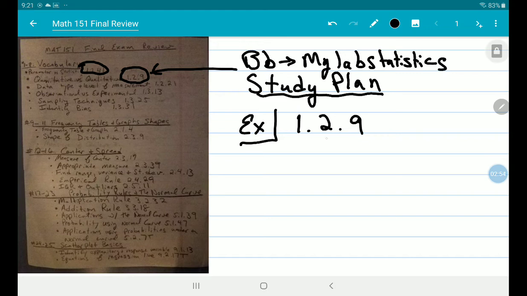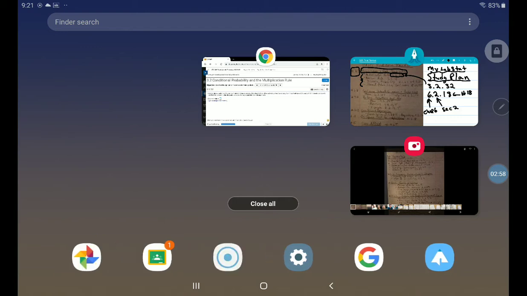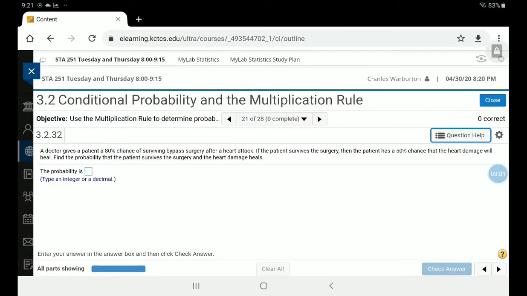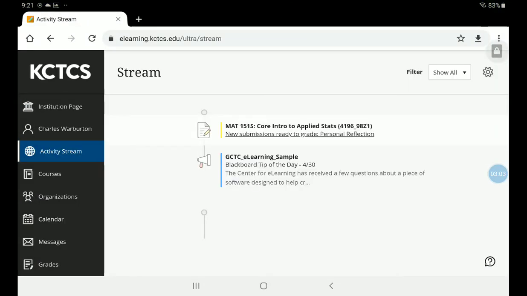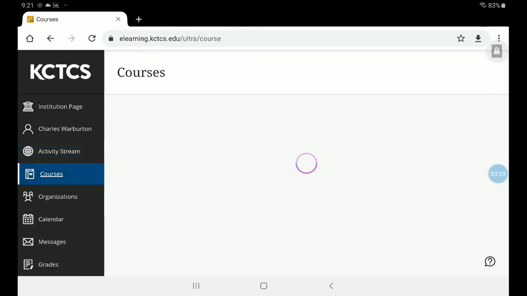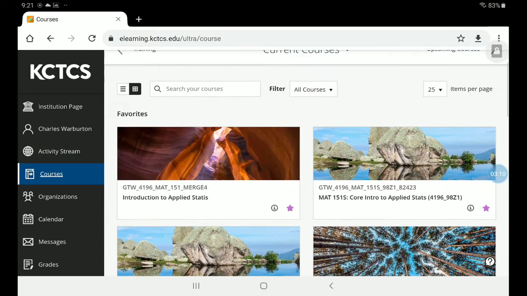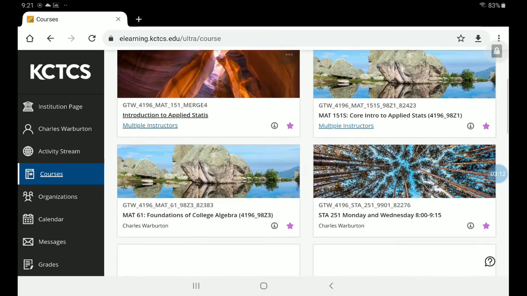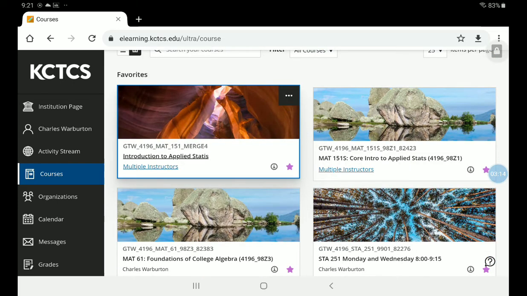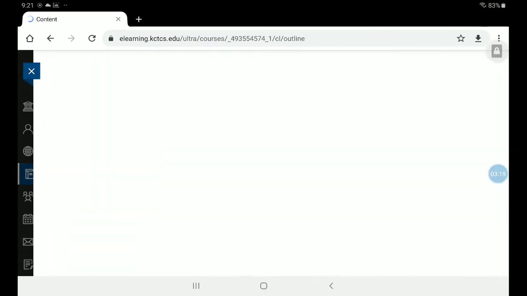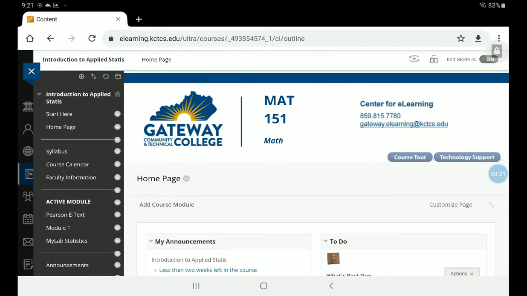So 1.2.9, what that means is, when I go to Blackboard, let me back out of here and we'll do it from scratch. When I go to Blackboard and I go to my Math 151 course and I want to prepare for my final exam, I'm in my course shell.